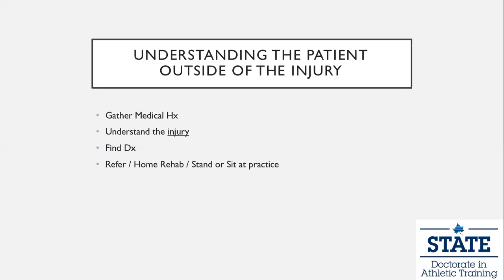And I don't often think about what's going on in their head, how our decisions from a diagnosis and plan affect the patient's life outside of school and outside of their sport. How will it affect them at home? Is this going to put some strain on family members, things like that?